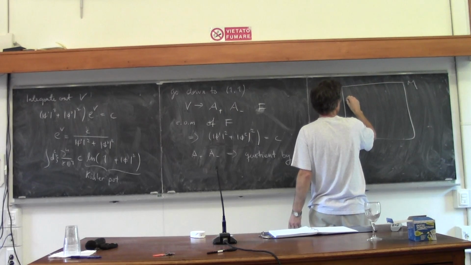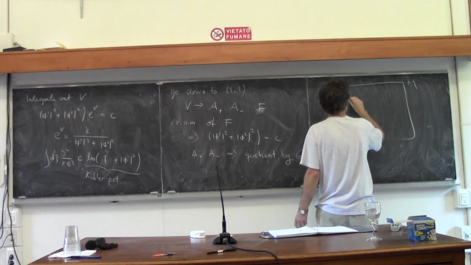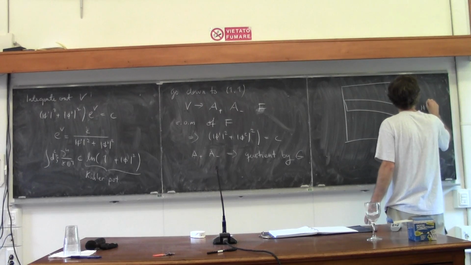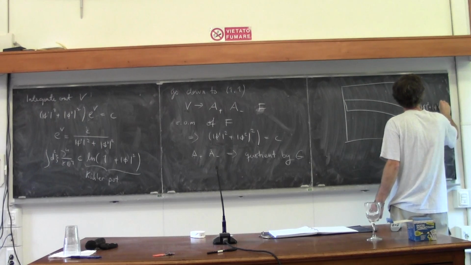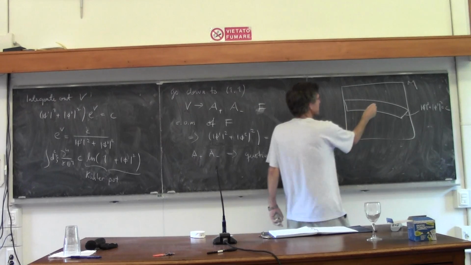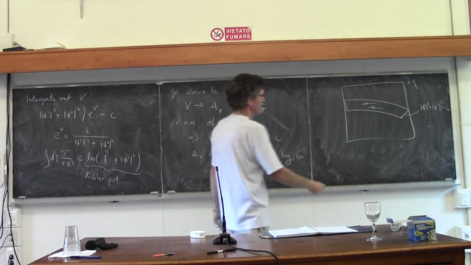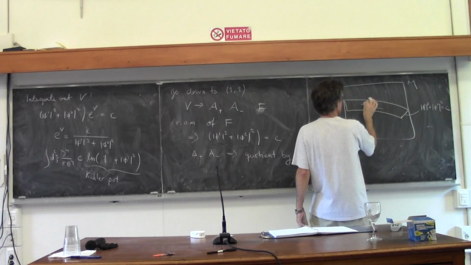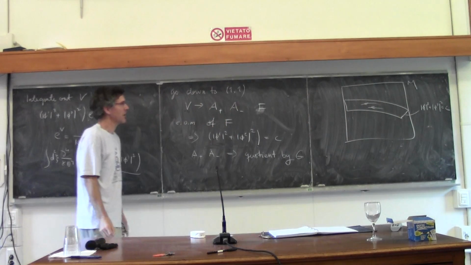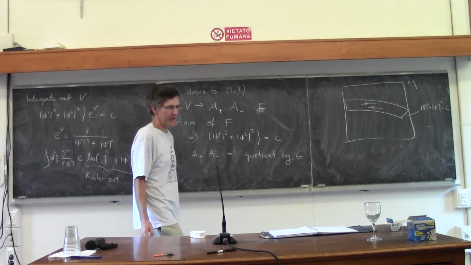Now there's a hypersurface inside M, where phi 1 squared plus phi 2 squared is equal to C, and the gauge group G acts inside this hypersurface, and then I can repeat the trick from before, and I take the quotient of this hypersurface with G to get CP1.